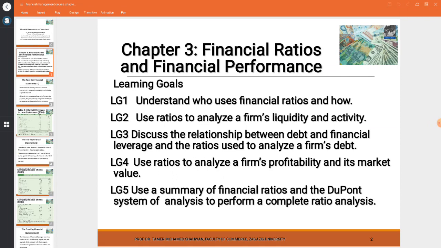Number three, discuss the relationship between debt and financial leverage and the ratios used to analyze a firm's debt. Number four, using ratios to analyze a firm's profitability and its market value. And finally, how we could create a summary of financial ratios and use the DuPont system of analysis to perform a complete ratio analysis.